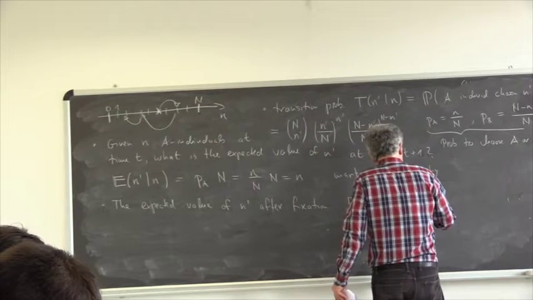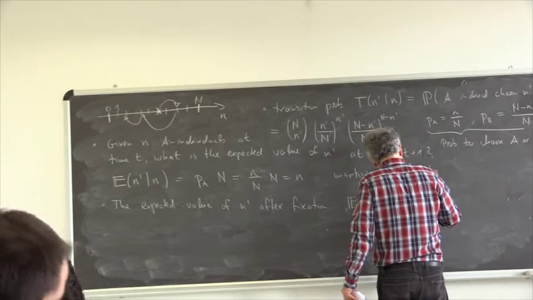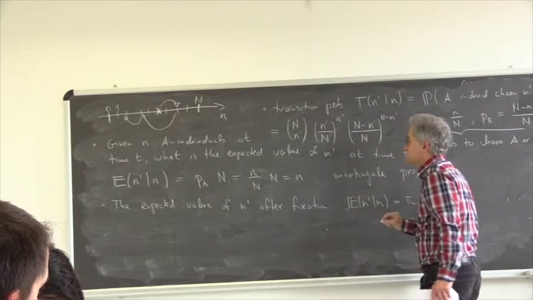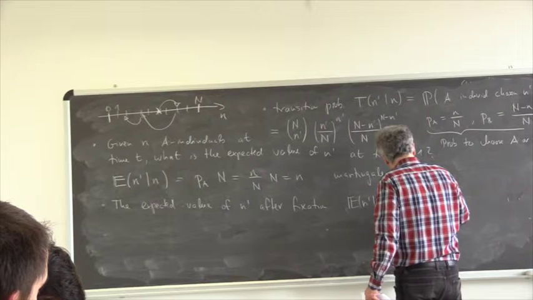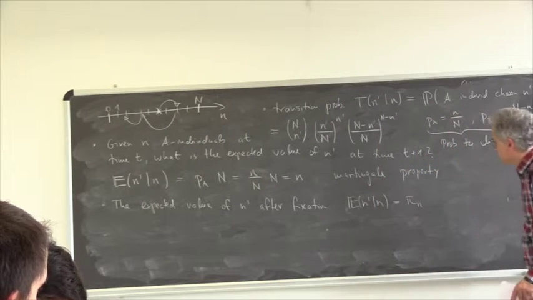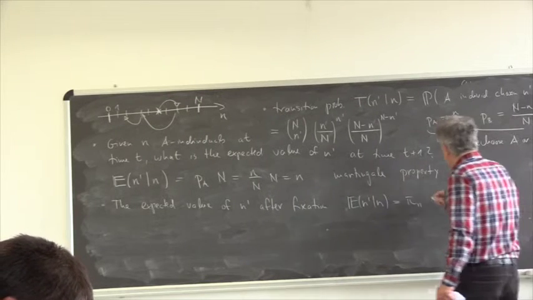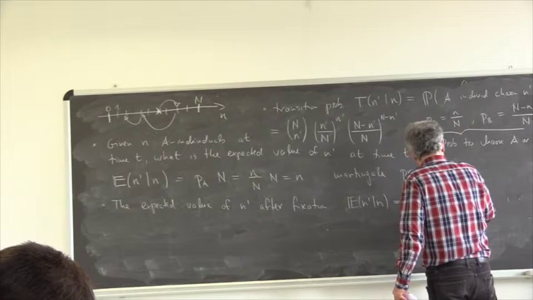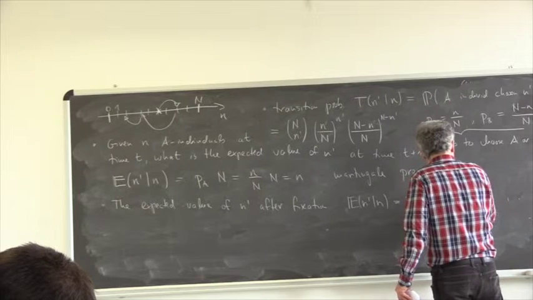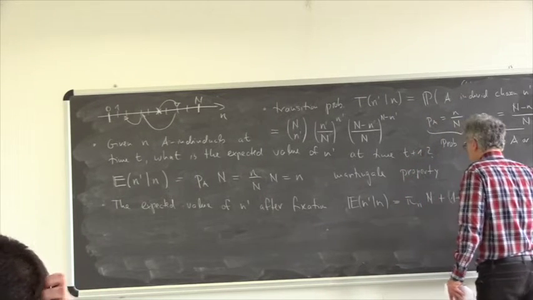the probability that, if the A type has gone to fixation, and I will denote these fixation probabilities by pi n, it will be the fixation probability times capital N, or if it doesn't fix, the number of A individuals will be equal to 0, right?